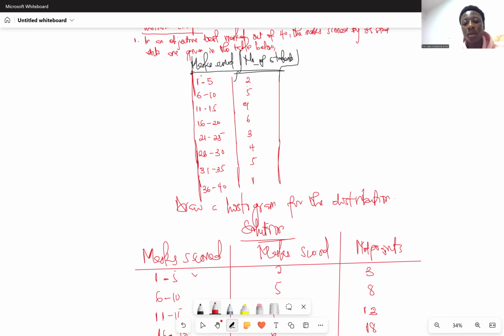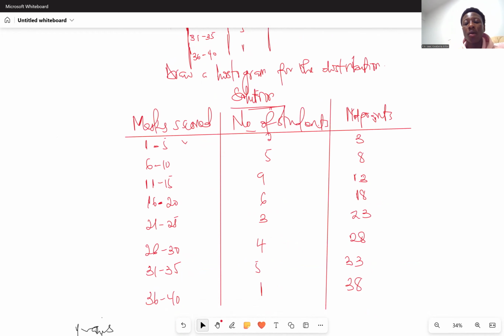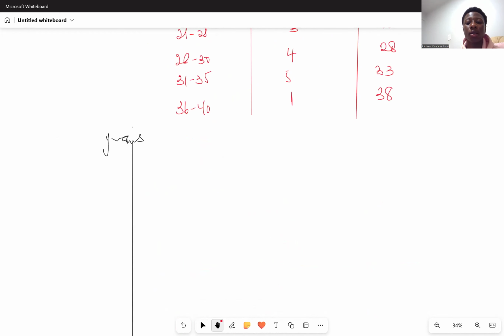So, all right. Now, here is what? Number of students. Yeah, of course. So, frequency wasn't written in this question. But we know it's the number of students.